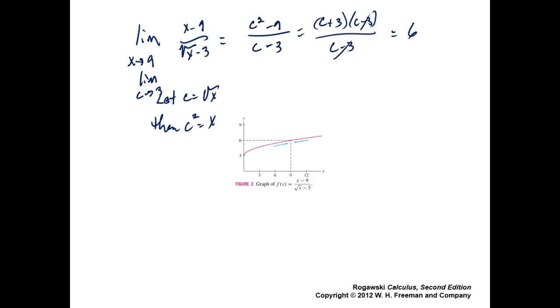It says investigate numerically, graphically and numerically. There they investigated it graphically.